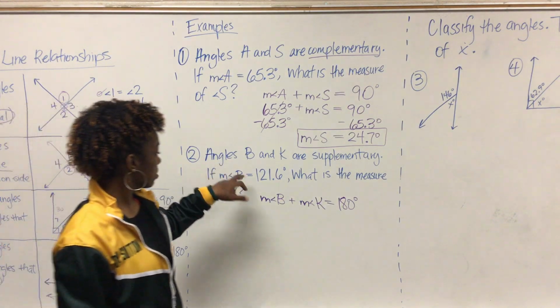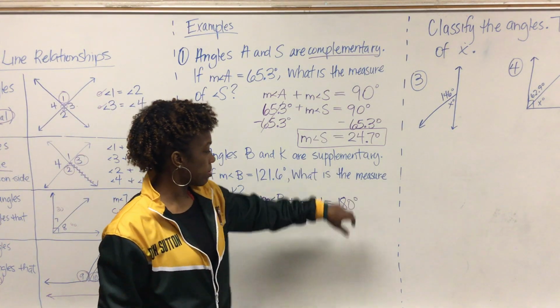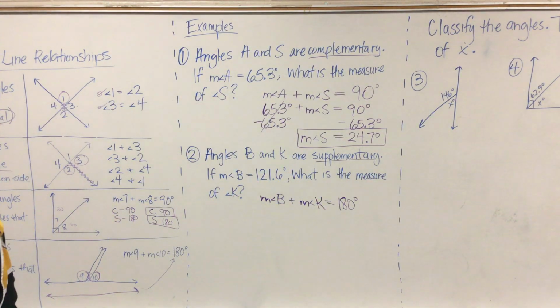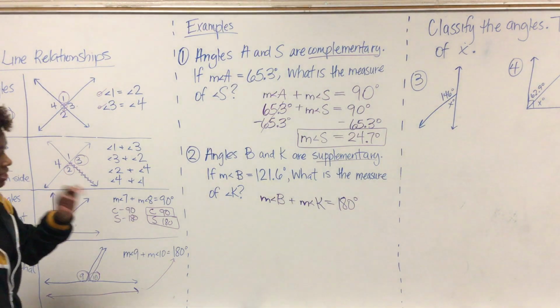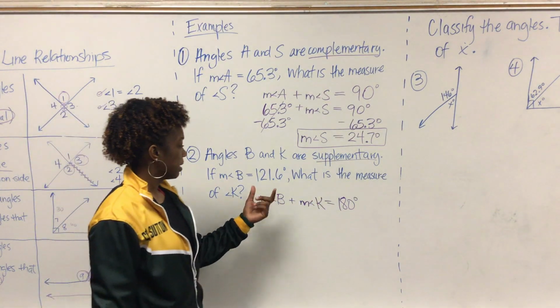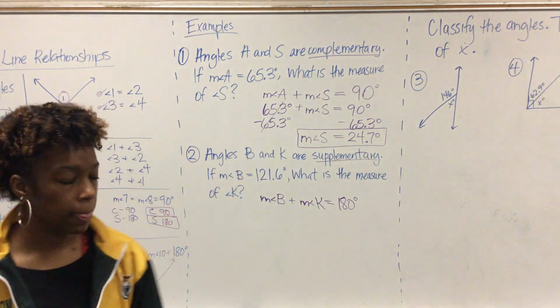So angles B and K are supplementary, 180 degrees. Fortunate enough for this problem, we would know that they cannot equal 90 because one angle is already greater than 90 degrees.